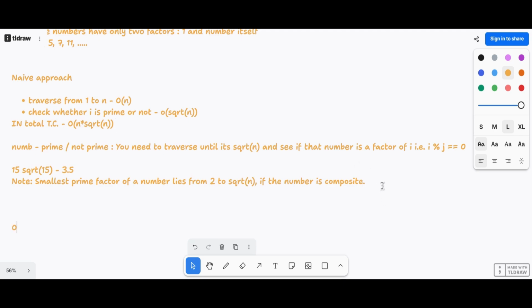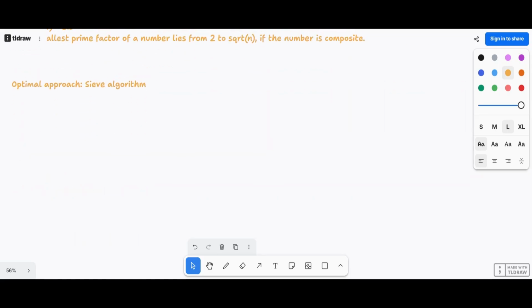Okay, so is there any optimal approach for this? That's where the concept of sieve algorithm comes, the Sieve of Eratosthenes. Sieve algorithm is basically an optimal approach to find all prime numbers from 1 to n.